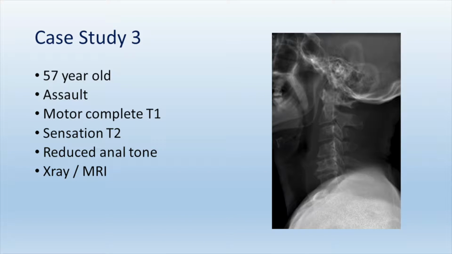The last example I'm going to show you is a 57-year-old who was assaulted, motor complete, Asia A, sensory level, no sensory sparing. X-rays were quite unremarkable apart from the soft tissue swelling, and MRI showed a significant cord lesion with the soft tissue swelling.